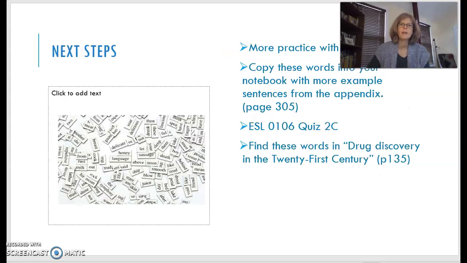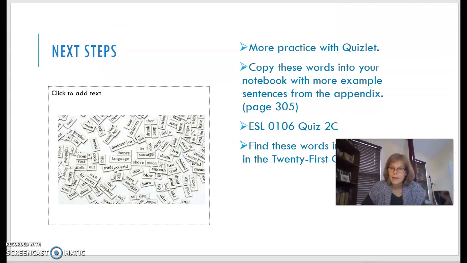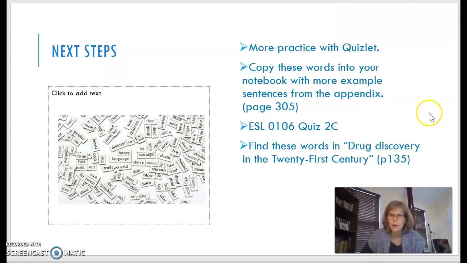So I want you to go ahead and review those words. You can use page 145 to review them. You're going to need to practice as much as possible with Quizlet to make sure you know these words. Copy them into your notebook. You'll see more examples for you on page 305.